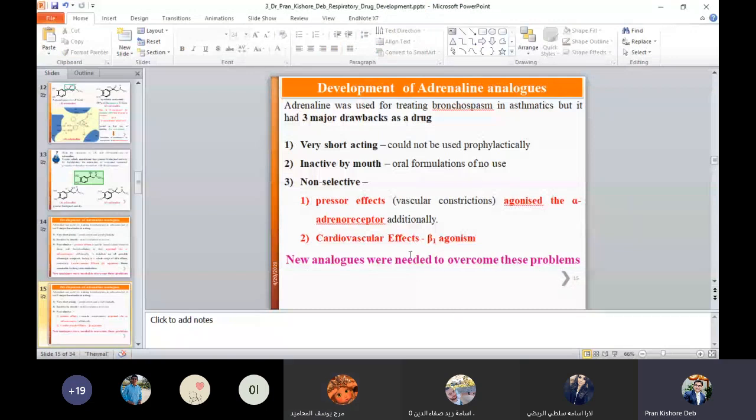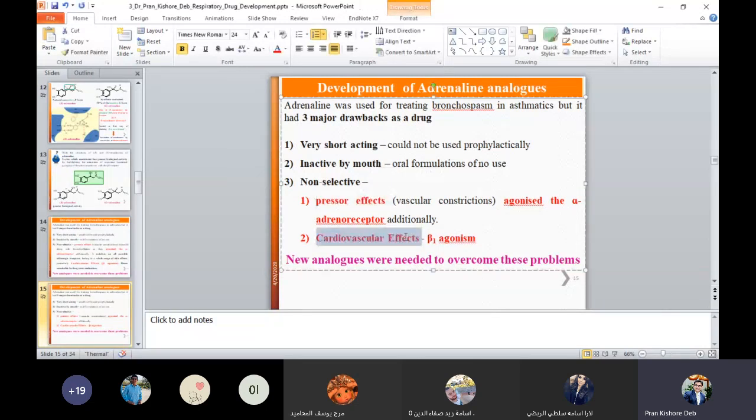Now our aim is to overcome all these 4 problems and discover a new drug which overcomes all the 4 effects. Out of these 4 problems, we know why there is pressor effect and why cardiovascular effect. What we don't know is why it shows short duration of action and why it is inactive by mouth.